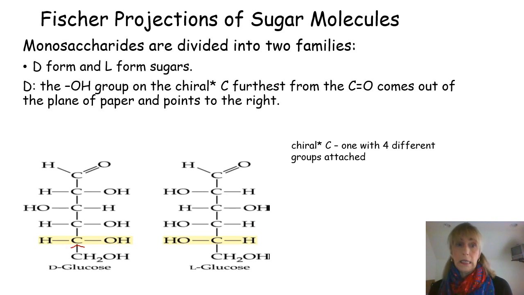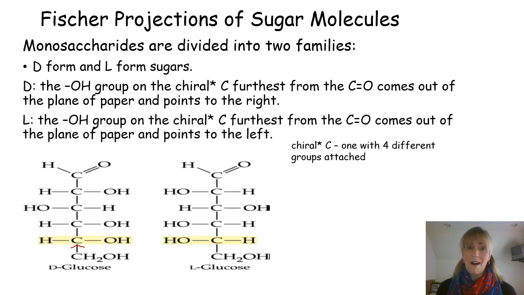When this OH is D, it comes out of the plane of the paper, and it points to the right. Notice this one is to the right. An L form, on the other hand, again we're going after that OH on the chirocarbon furthest from our carbonyl.